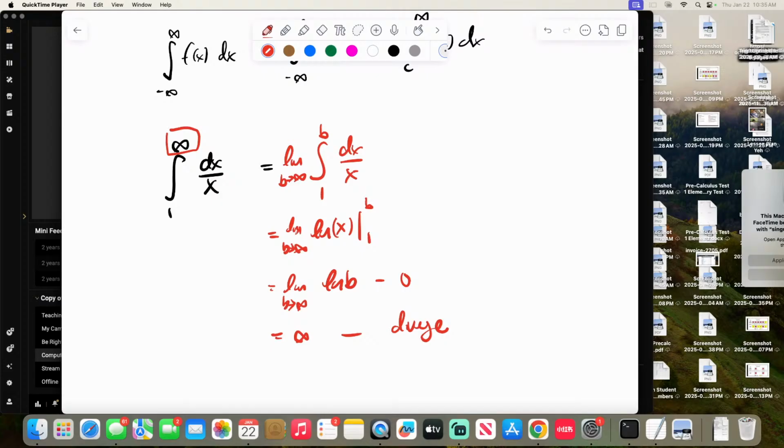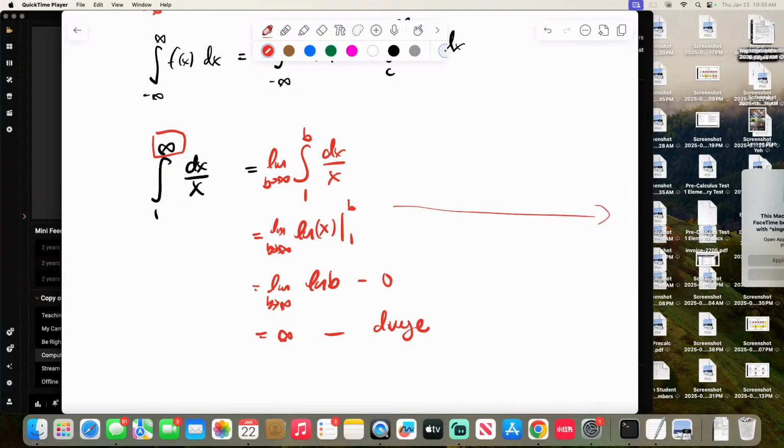And this one comes into play later, because you're gonna have a p-series involved. That means the integral from 1 to infinity: this area, even though it's getting smaller and smaller, is still increasing enough when it goes to infinity, so it diverges.